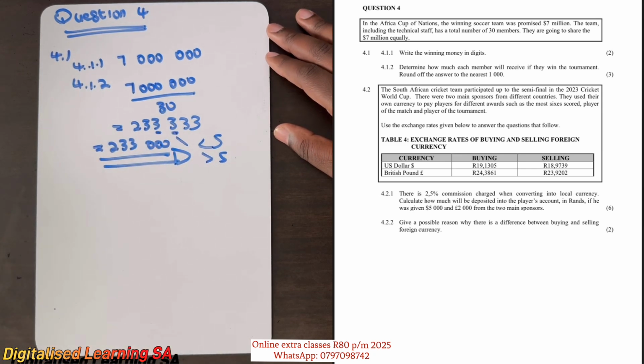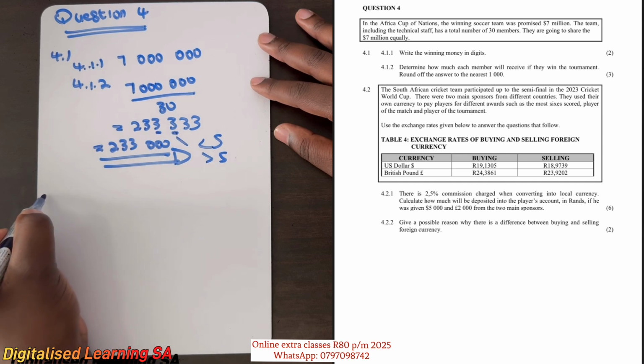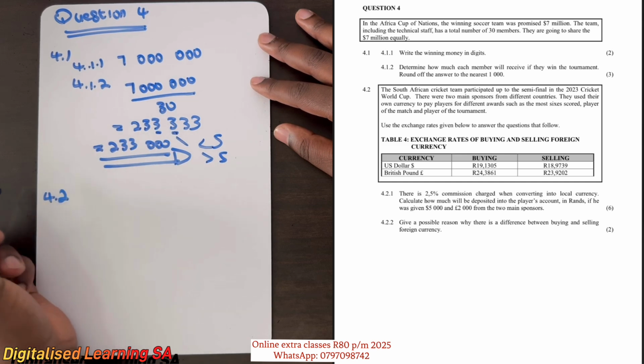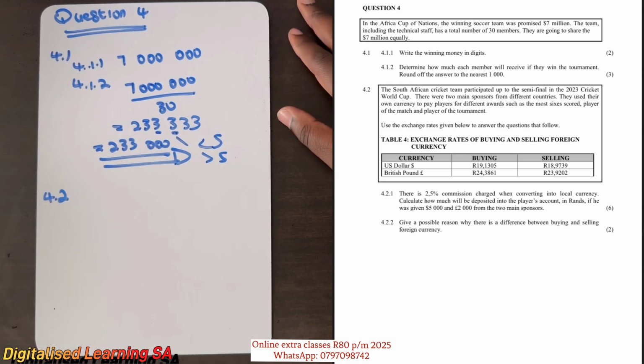Okay, so now let's move to the next question, which is question 4.2. Question 4.2 says that the South African cricket team participated up to the semi-final in the 2023 Cricket World Cup. There were two main sponsors from different countries.